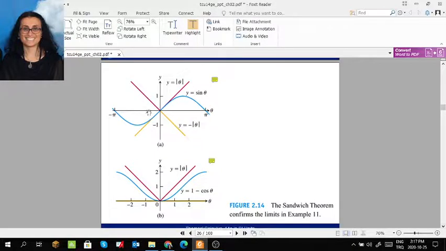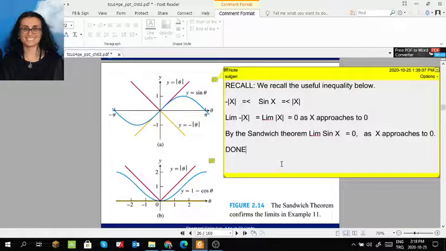Okay, here's another example. Let's say we have the blue function that's squeezed between the absolute value of theta and the absolute value of negative theta. You know the absolute value function, right? And what would you say about the limit of sine theta when x approaches 0? So I have some writings here.